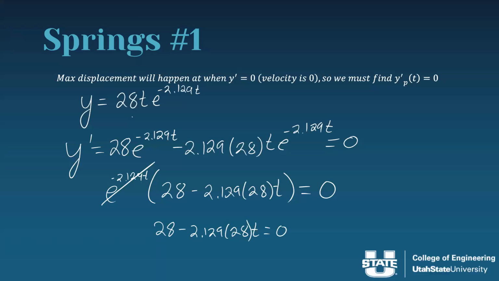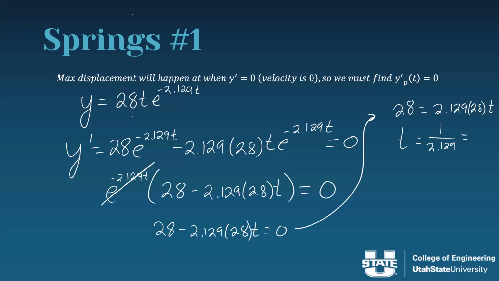So we're going to add that over. 28 equals 2.129 times 28t. So t is just 1 over 2.129, which is 0.4697.